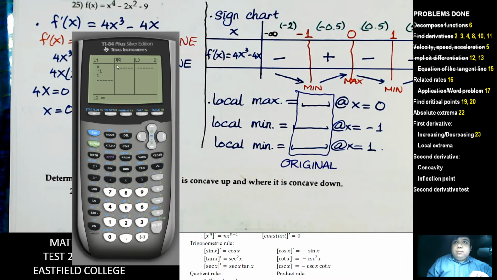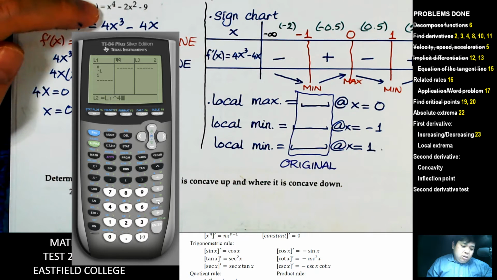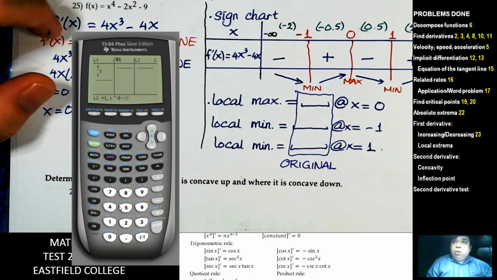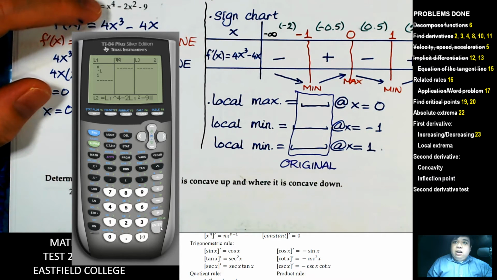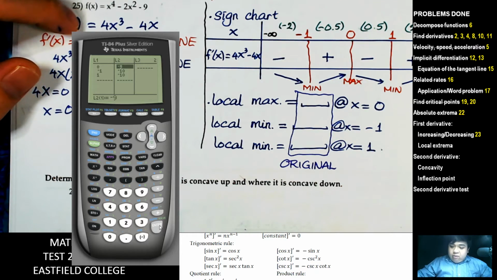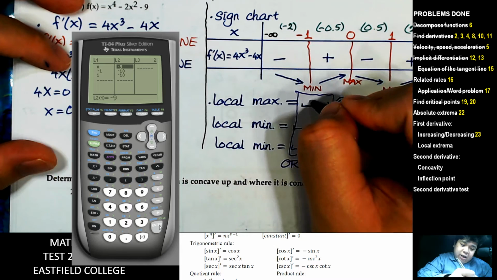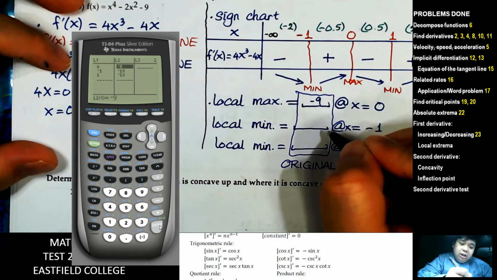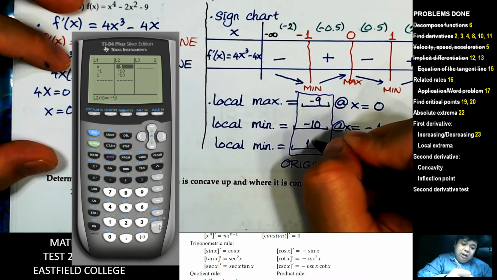So L1 to the 4th power minus 2 L1 squared minus 9, hit enter, and we have at 0 it is negative 9, at negative 1 it is negative 10, and at 1 it is negative 10 as well.